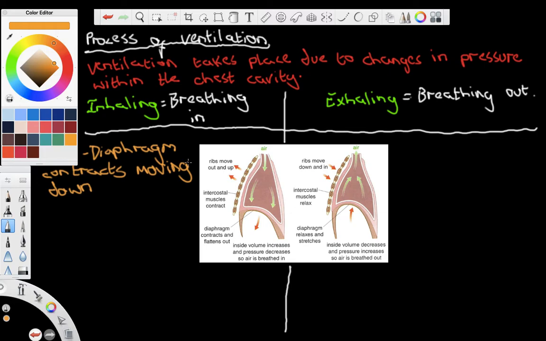So when you breathe in, if you put your hand on your chest, you can feel your ribs moving up and out. This is because the intercostal muscles contract, pulling the ribs up and out.